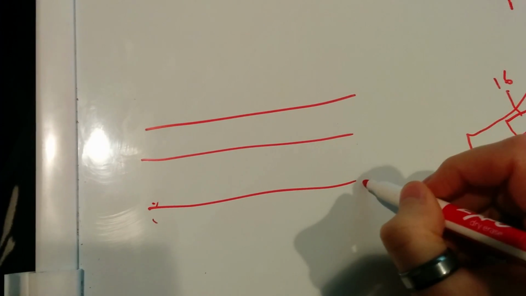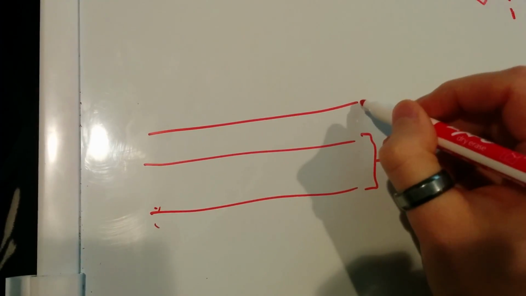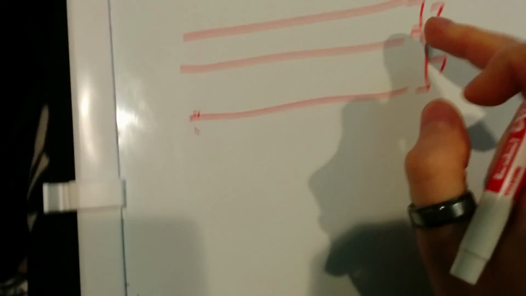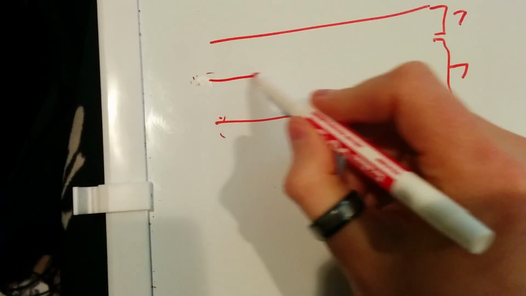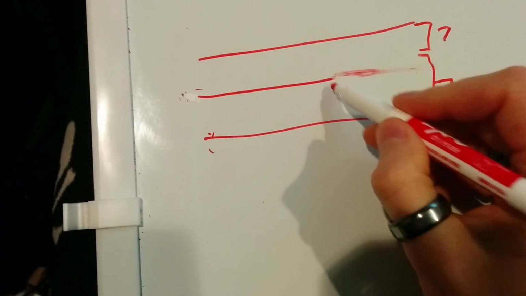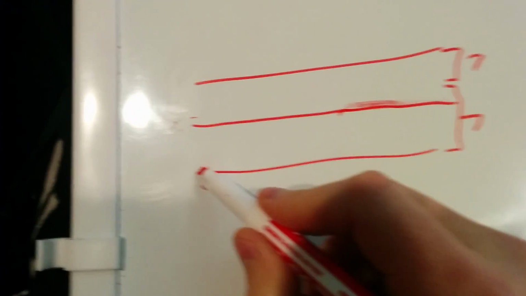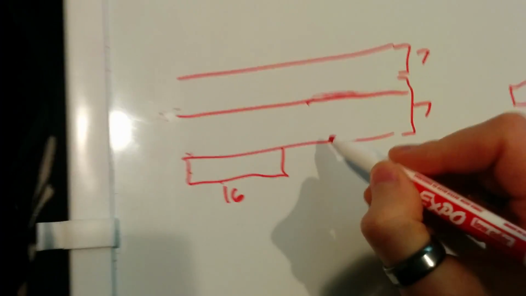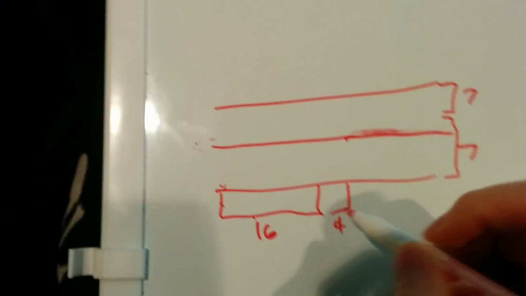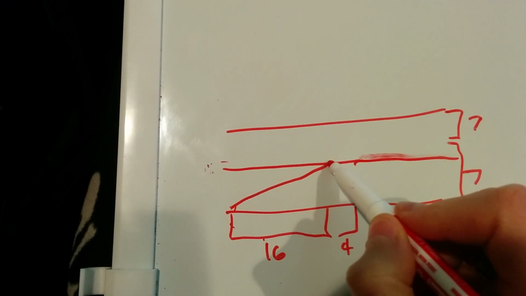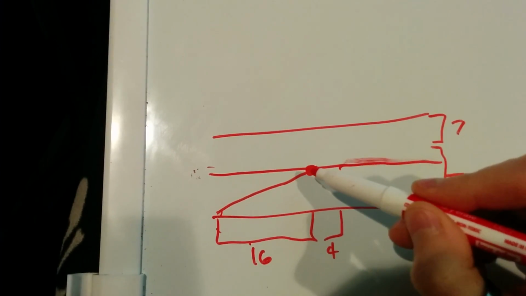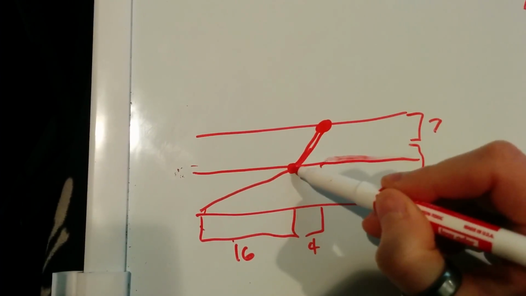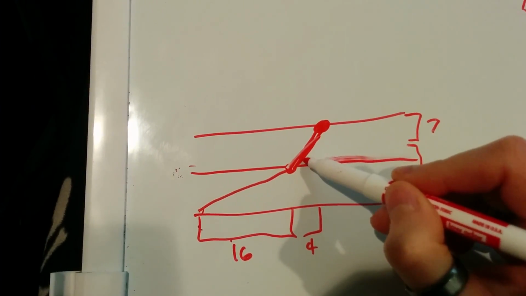If this is 7 and this is 7, wow, that's wildly uneven. If you have 16 inches to climb 7 inches, that's a certain steepness, and then if you take 4 inches to climb 7 inches, that's wildly different.